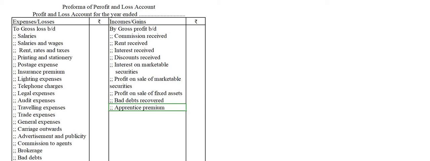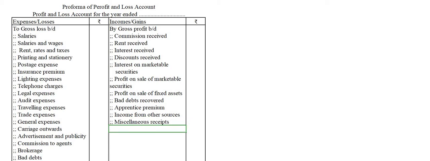Then apprentice premium. Apprentice premium means if we are giving some training to any people or trainees, we can collect some premium or some fee from them. That is called apprenticeship premium. Then next we can write income from other sources. Then after that miscellaneous income.